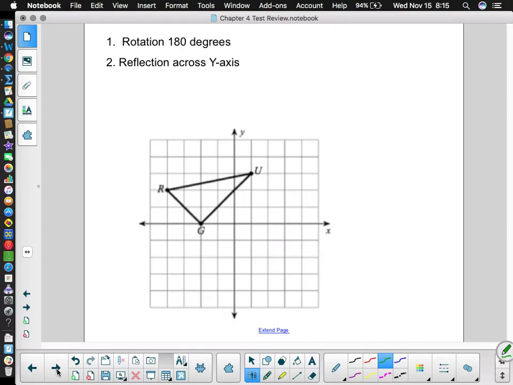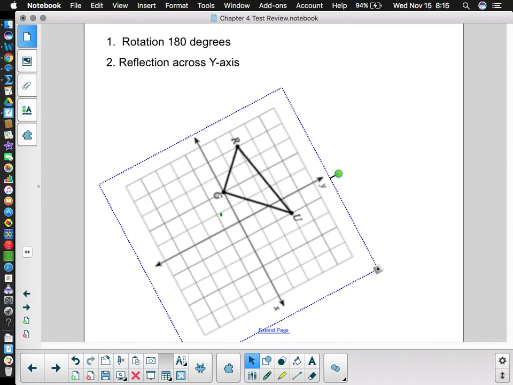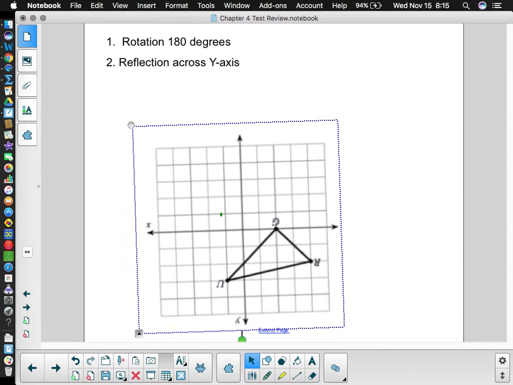Last one, rotation 180, reflection across the y-axis. This rotation I'm going to do visually. So rotation 180. If I rotate 180, let's see. The G winds up at 2, 0.